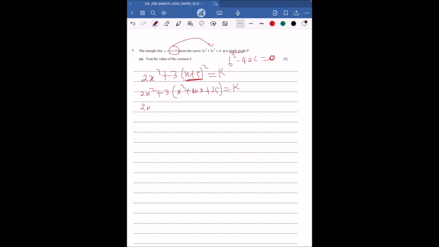So 2x squared plus 3x squared plus 30x plus 75 minus k equal to 0. So 5x squared plus 30x plus 75 minus k. So my a is this, my b is this, my c is this.